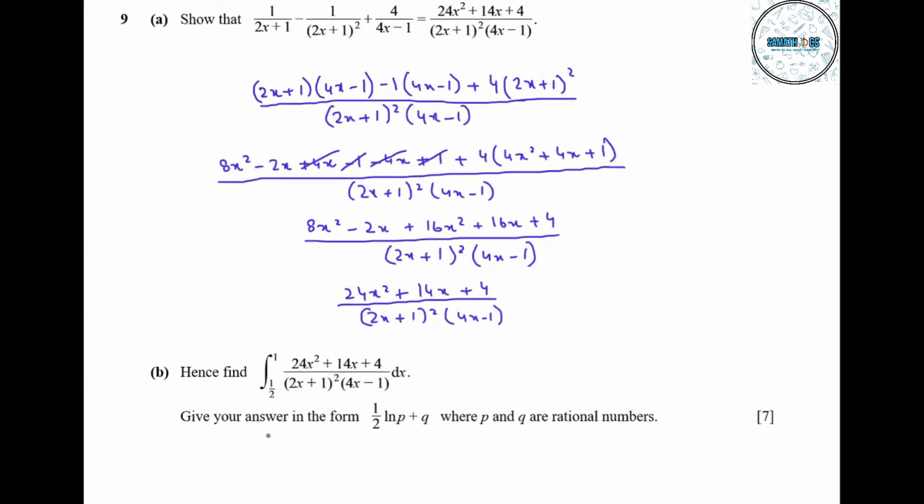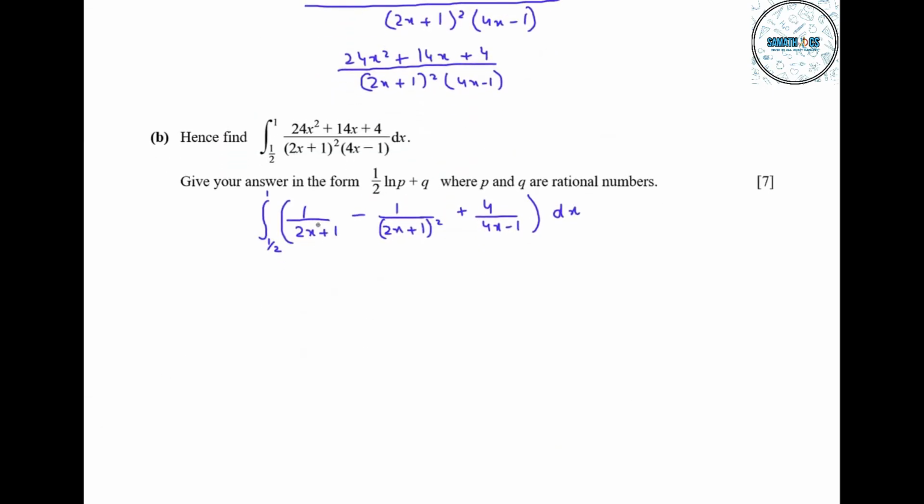So we can write here 1 upon 2x plus 1 minus 1 upon (2x plus 1) whole square plus 4 upon 4x minus 1 dx.